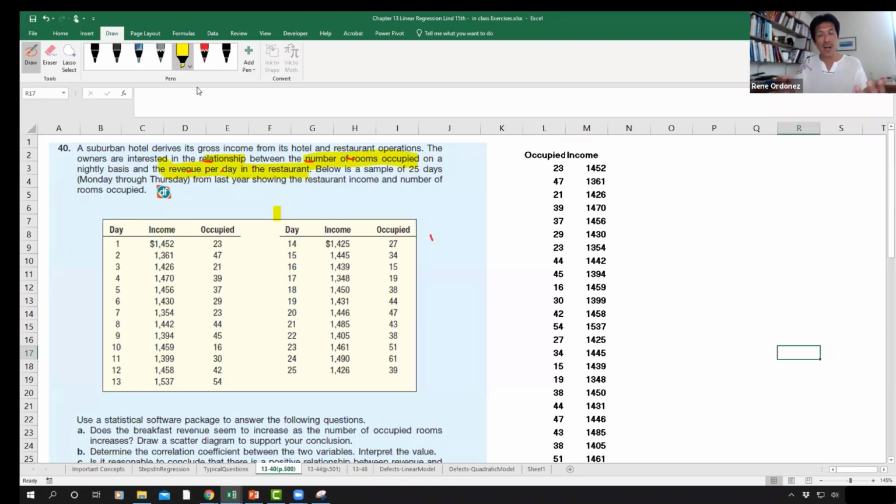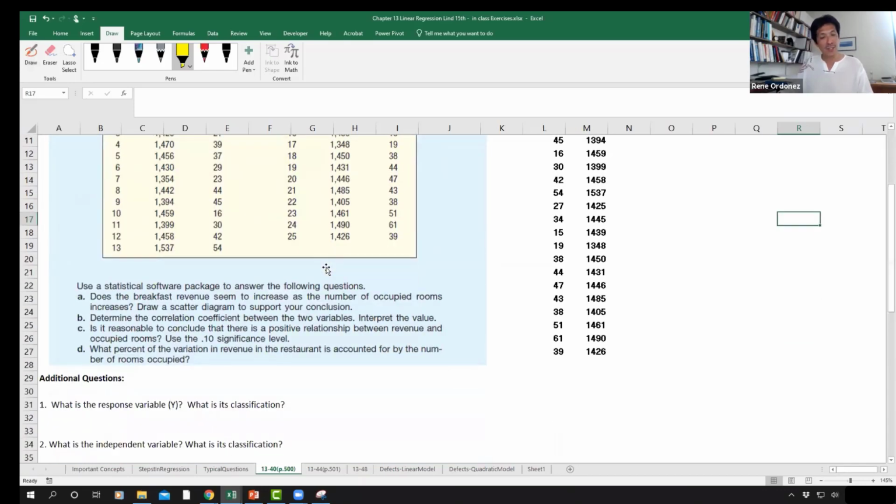So we are talking about 2 variables. What are these 2 variables? Number of rooms occupied and revenue per day in the restaurant. Which of these 2 is the variable of interest? They want to know, using the number of rooms occupied in the hotel, how much that translates in terms of the revenue per day in the restaurant.